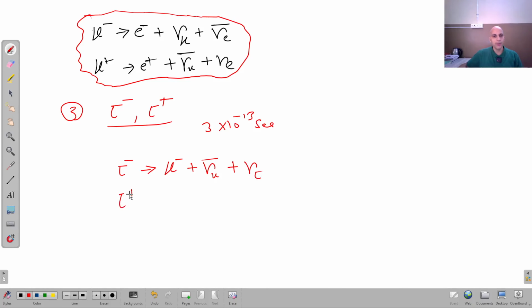Similarly, tau positive will convert into muon positive, plus the neutrino associated with the muon, plus the anti-neutrino associated with the tau particle. So these are the decay modes of these particles.